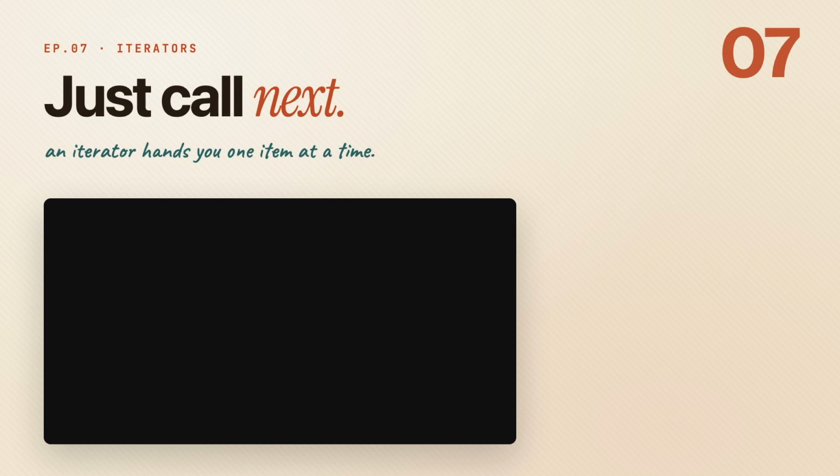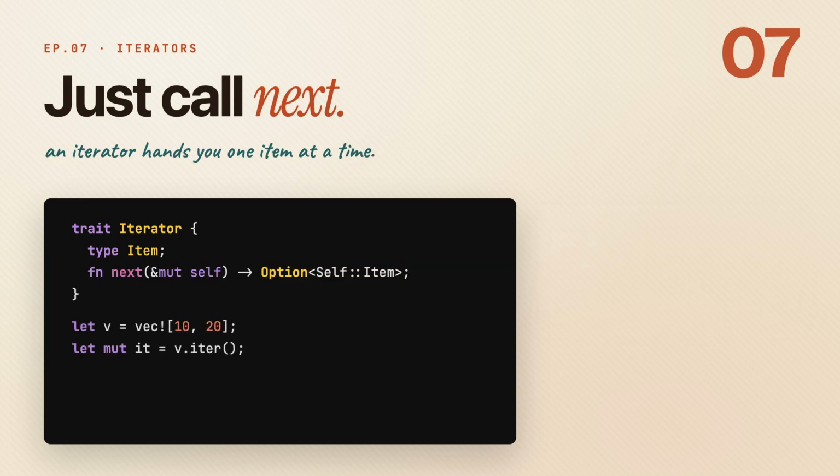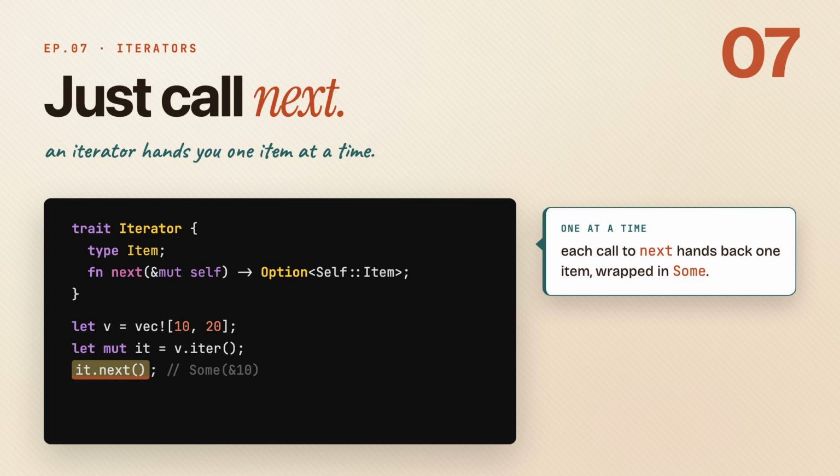An iterator sounds fancy, but it is one method. Next hands back the next item, or None when it is done. So if you call iter to get a one, then call next yourself, first time you get Some 10, again Some 20, each call one item wrapped in Some.